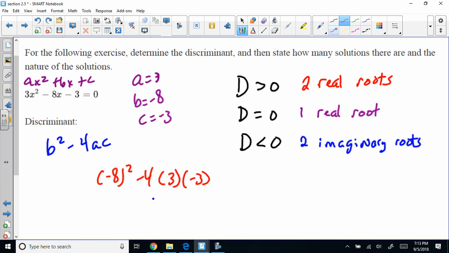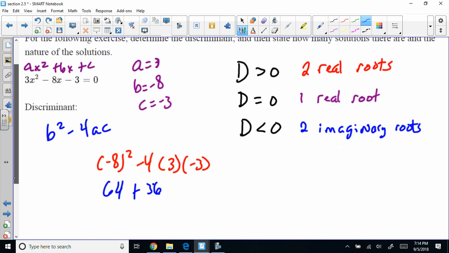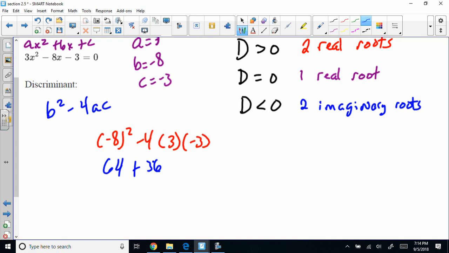Well, you know when you square something, you get a positive number out, right? So it's 64. Now, -12 times -3 would be plus what? 36, right? Y'all agree? So 64 and 36, that's 100, right?